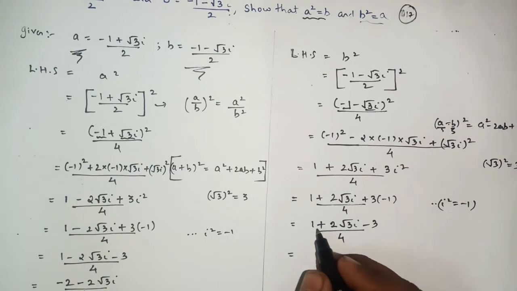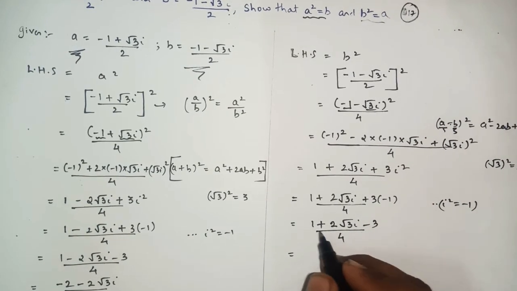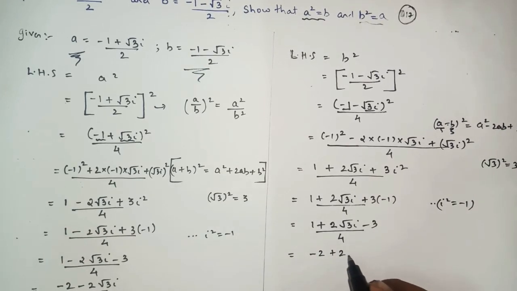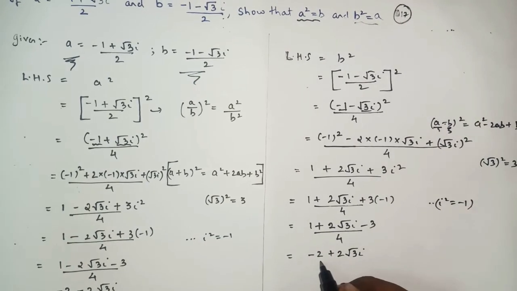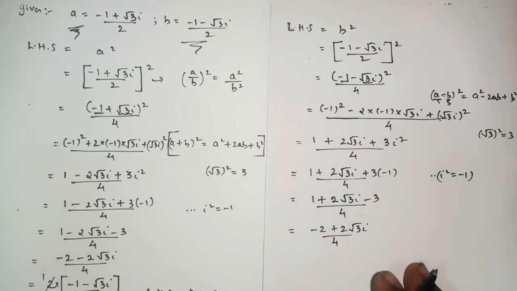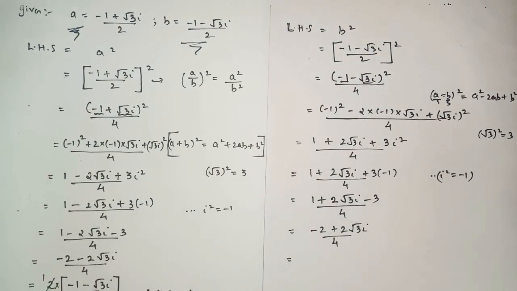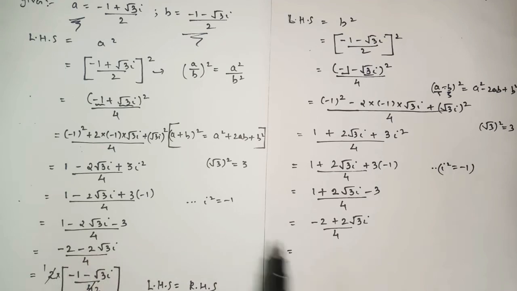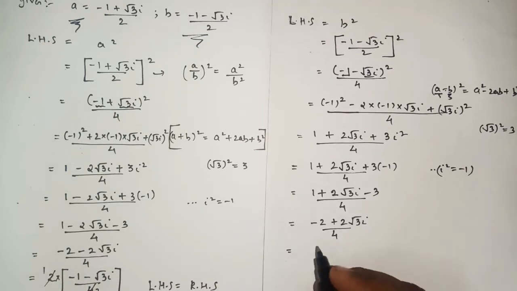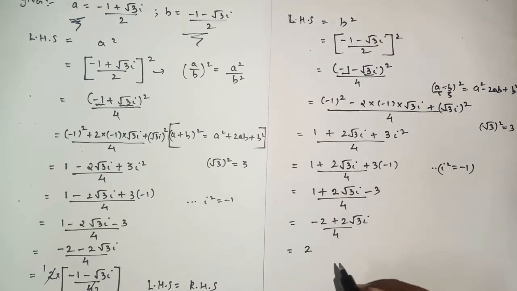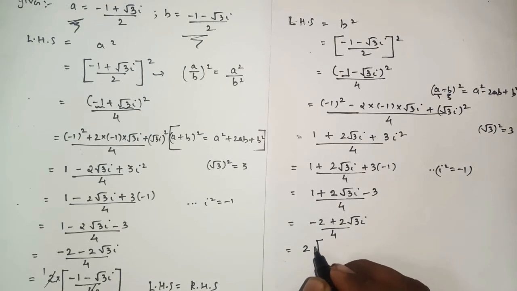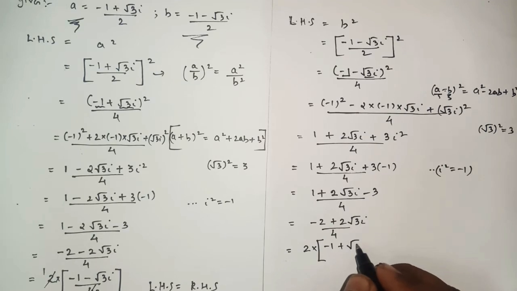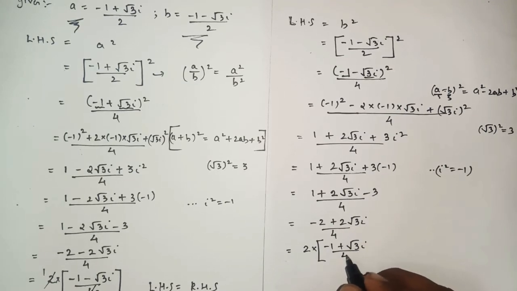So here we can solve the number and number, so plus 1 minus 3, here you will get minus 2 plus 2 root 3i upon 4, yes or no. As here we removed only the number, here also we'll do the same thing. We'll bring 2 as common, don't bring the symbol as common. So here you will get minus 1 plus root 3i upon 4, yes or no.